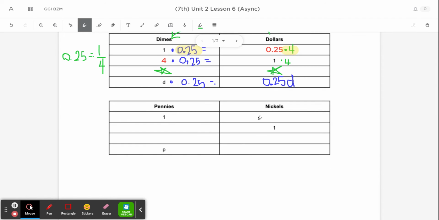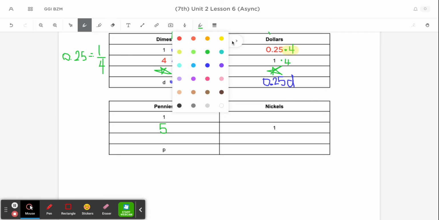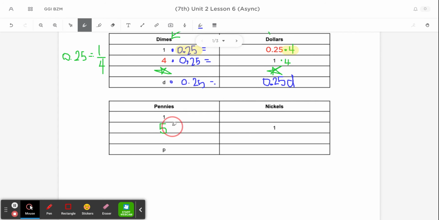Okay, so pennies and nickels, you should end up with a similar situation. You know that 1 penny is the same thing as a fraction of a nickel, right? And that 1 nickel is 5 pennies. And so if you were stuck on how to get from left to right, you could say, okay, well, I know that I'm multiplying pennies times something to get me nickels.